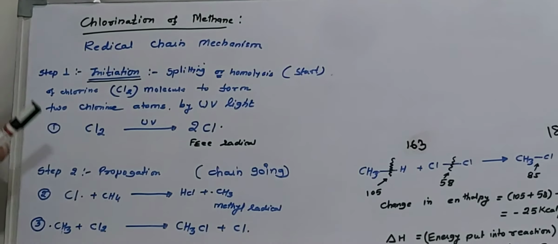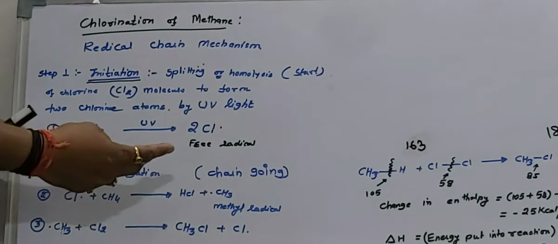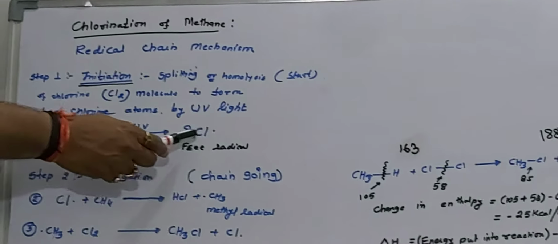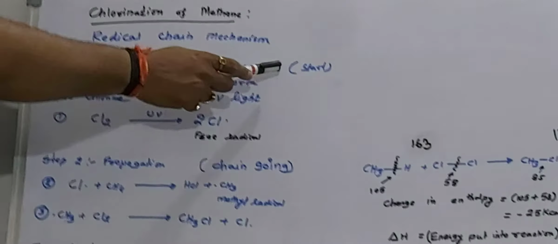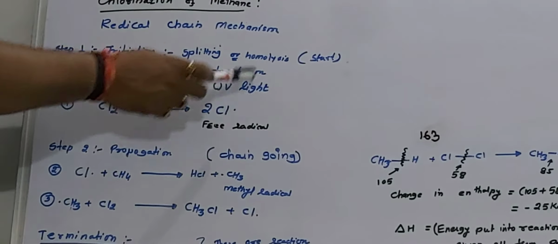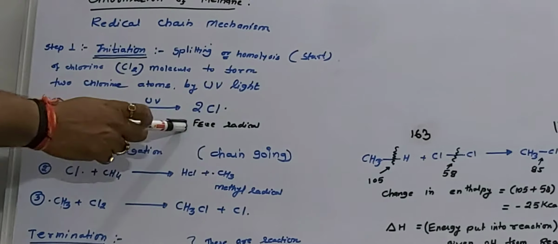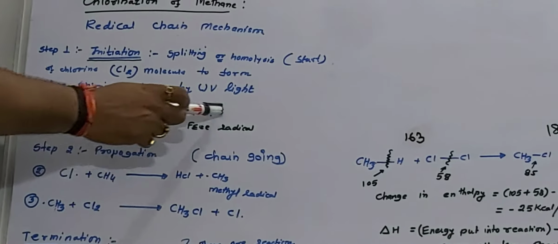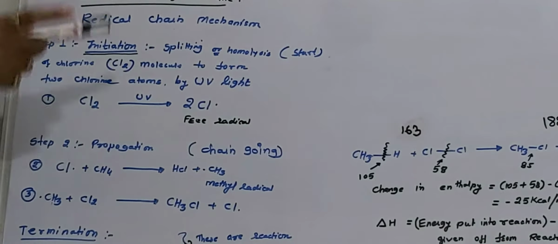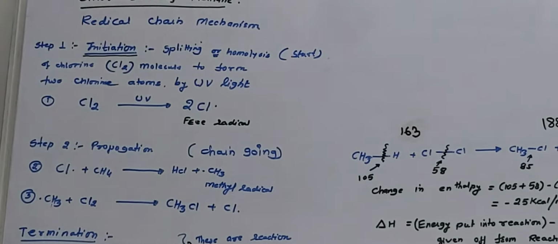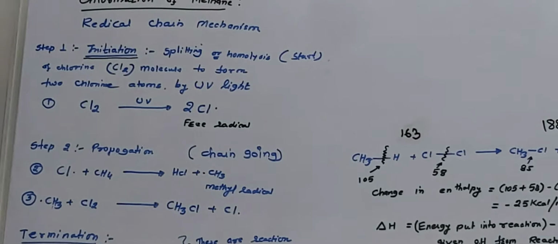Means from a molecule we are getting atoms. So 2 Cl atoms we are getting, and it is homolysis. Why homolysis? Because it has the split of an equal number of electrons. So each Cl has one electron, that is the homolysis.